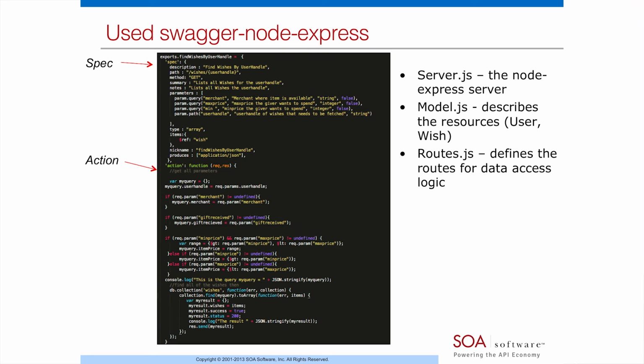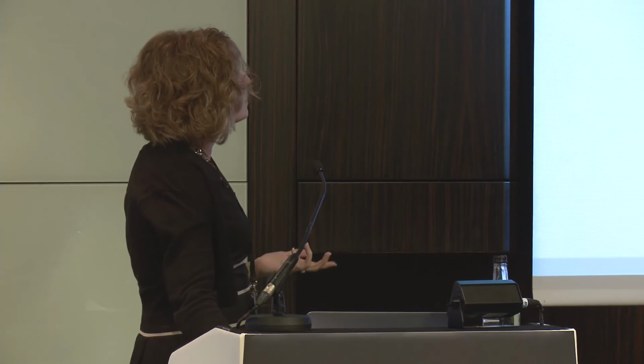I don't know if you can see this. Right up here, you put in the Swagger stuff, right in your method. And then down below is just your action code. So you really mingle everything together. But it is quite fun when you actually see the results.